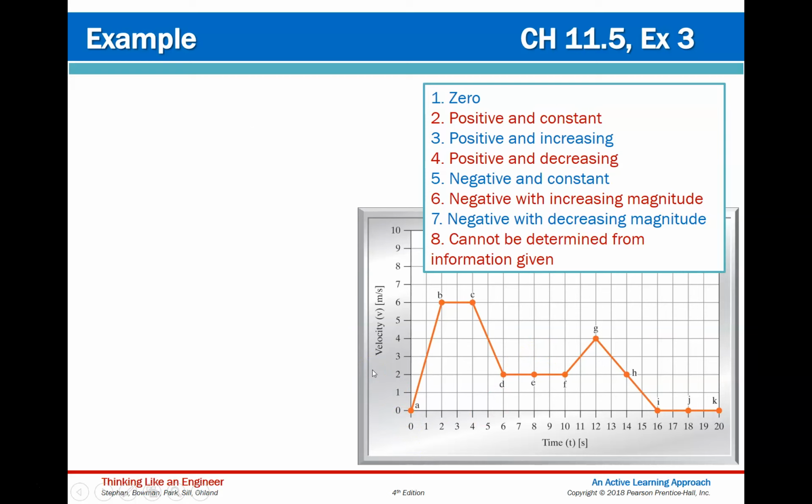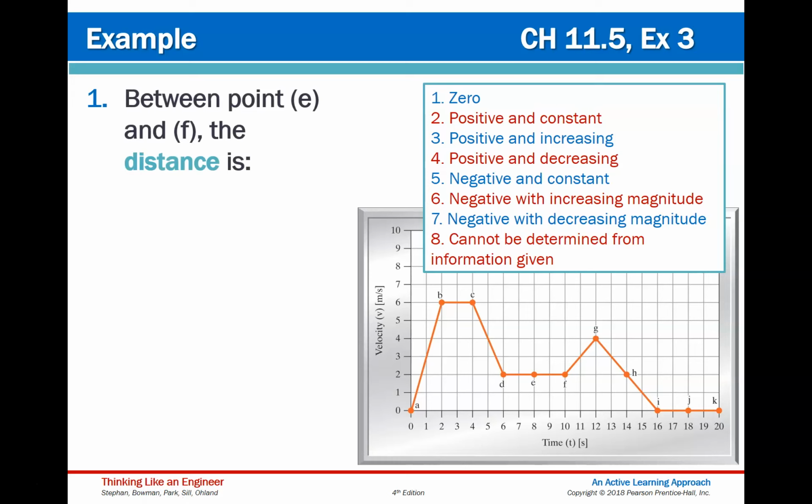So, now reminding ourselves that distance is the area under the graph, right? The integral. What would we have between points E and F for our distance? It's the distance, right?